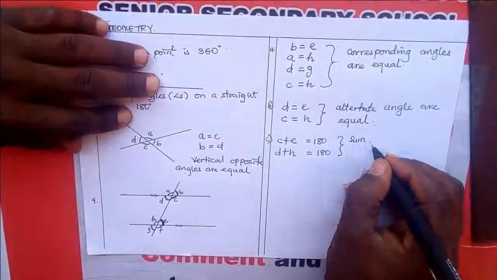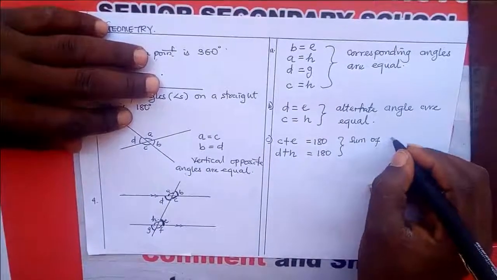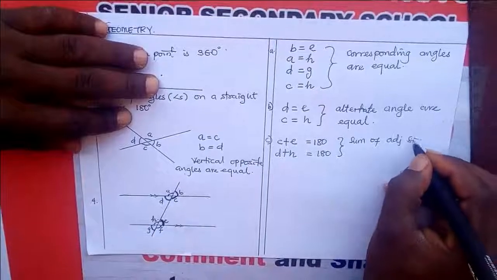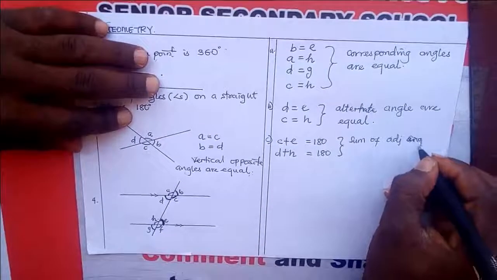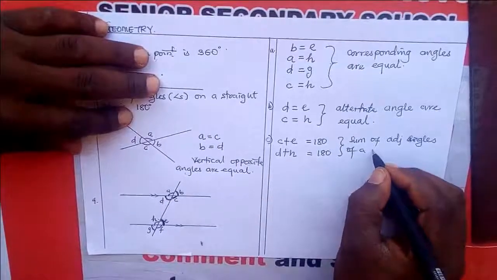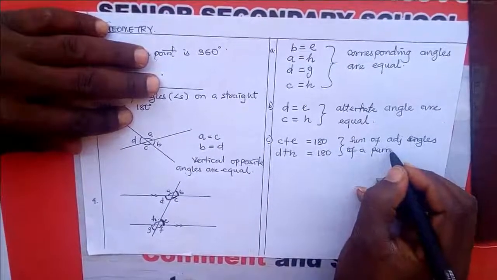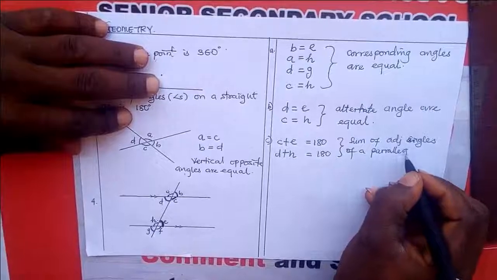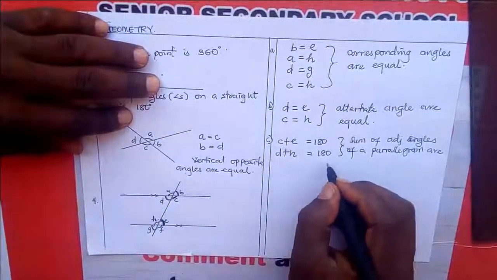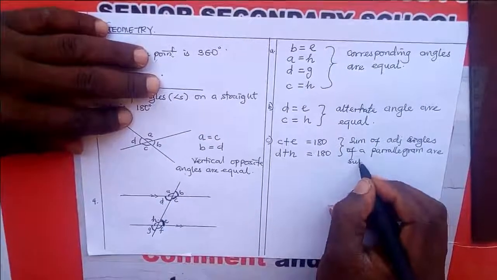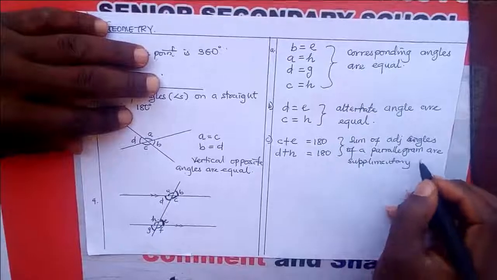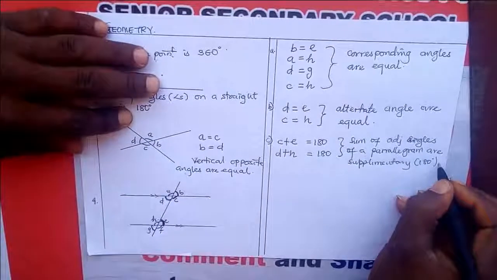Sum of adjacent angles of a parallelogram are supplementary, or 180 degrees.